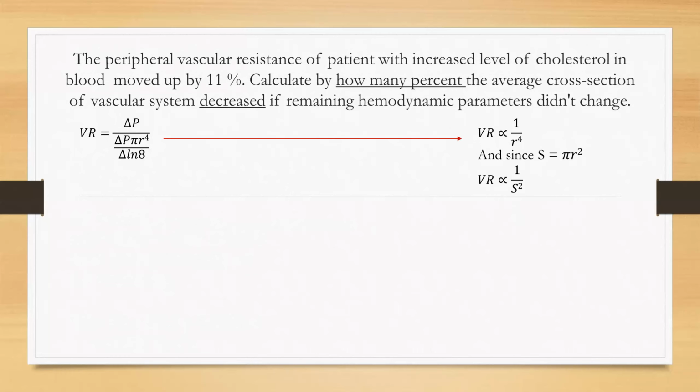Here we don't need a lot of parameters. We can find it out from the relation between them. So here we see resistance is inversely proportional to the fourth power of the radius. This is because it is inversely proportional to the square of the area. Here we can see that.